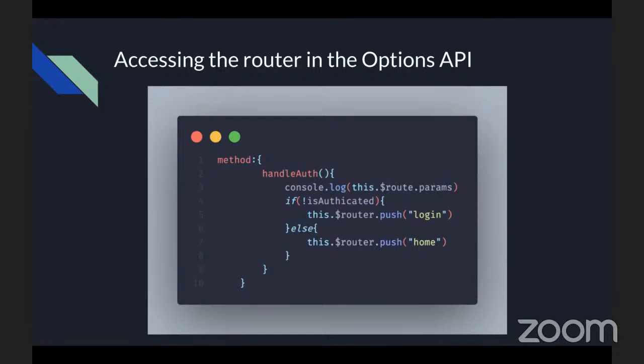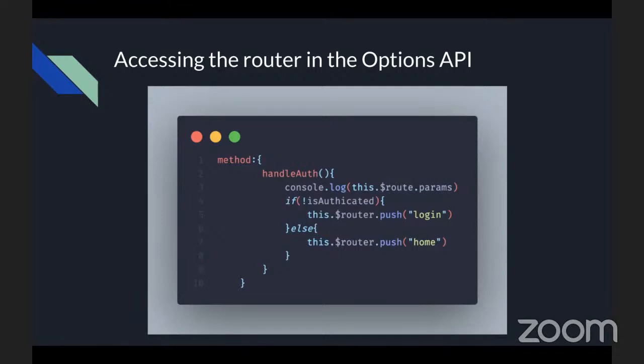So in that instance, for you to access that particular router, you have to go and get it on the particular Vue.js instance you have. You have to do it through this.$router before you can do anything on the router. So if you want to push to a particular route, you can do that. If you want to walk through the history with this.$router.go, you can do that, but you have to use this.$router.